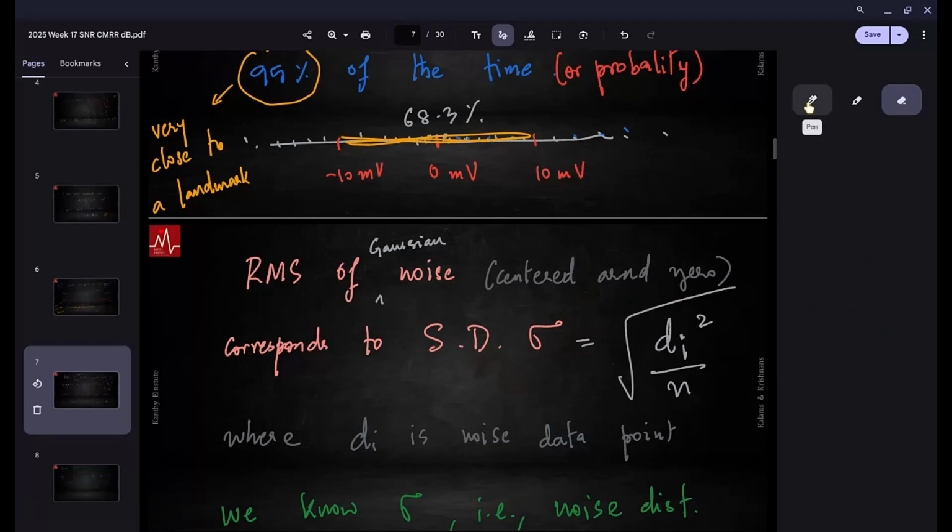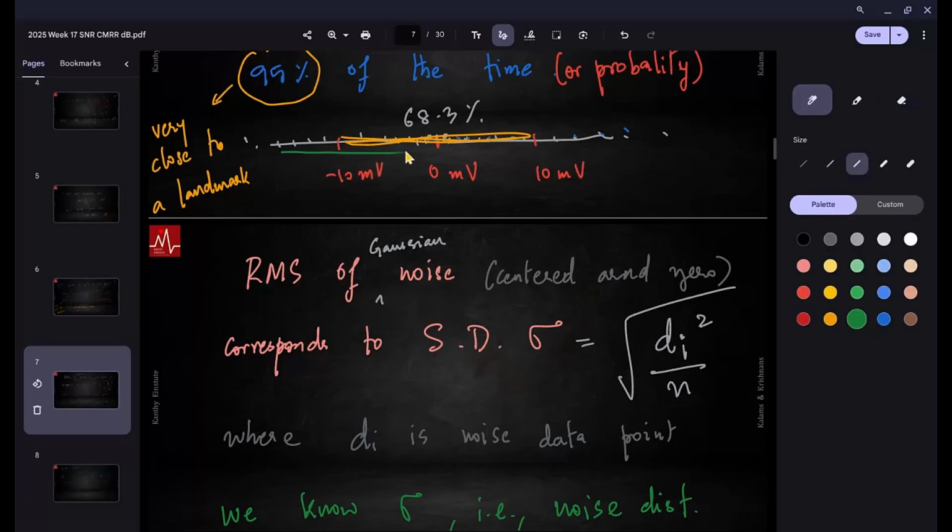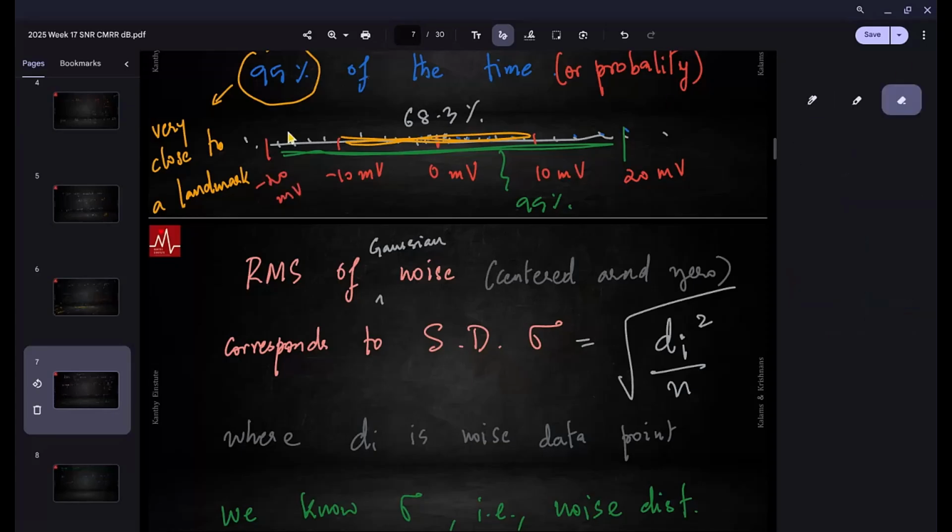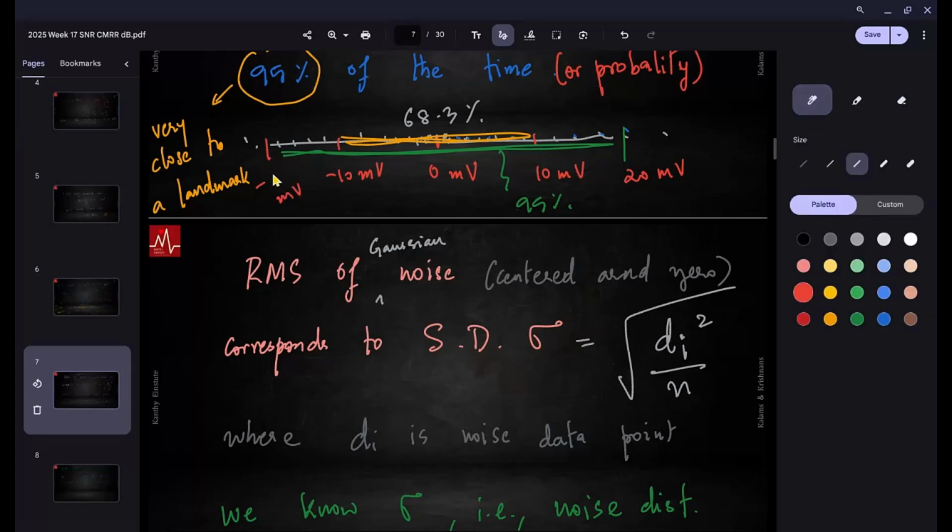Okay, so if you put 2 sigma, 95% of the time it will be within 2 sigma, that will be 20 millivolts on either side. There is a 5% chance the oscillation will go above 20 millivolts or so.